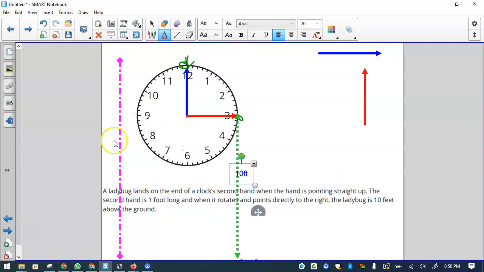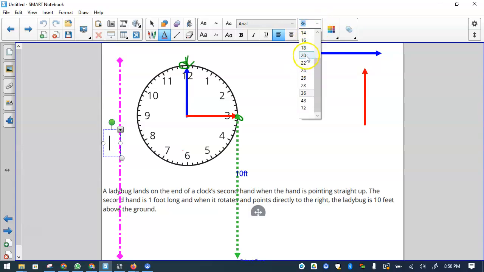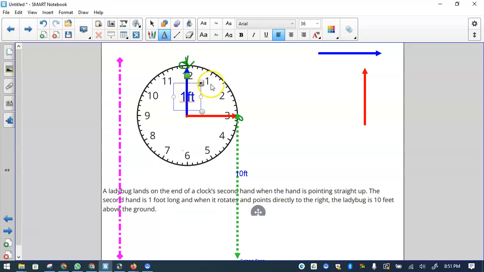And this one, let me write, is 1 foot. So that's 1 foot.